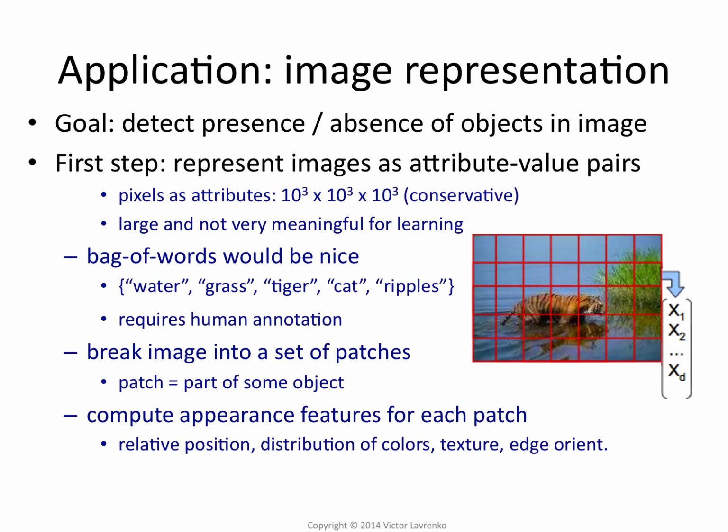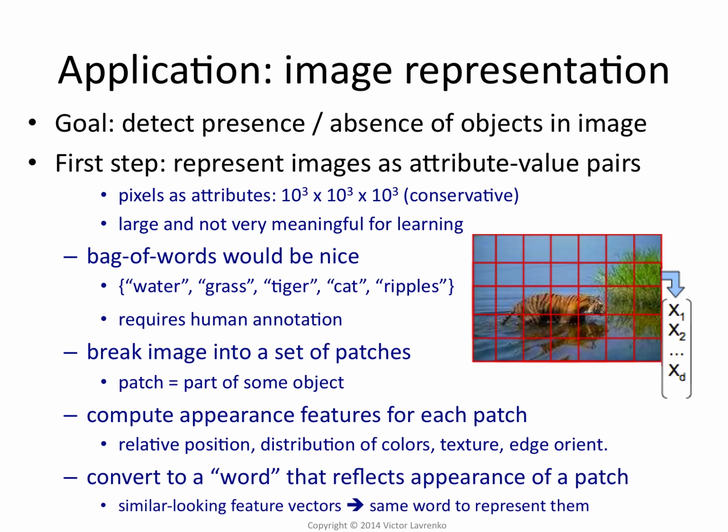So really what you want is exchangeable feature vectors, feature vectors that can occur anywhere in the image and would mean the same exact thing. One way to achieve that is if we could take this feature vector and represent it with a word or a label, then we would have a bag of words representation, which we know how to do, right?